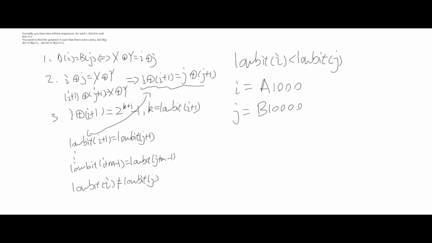So the low bit of A1001 is equal to the low bit of B10001, right? First we can see that their low bits are indeed the same.